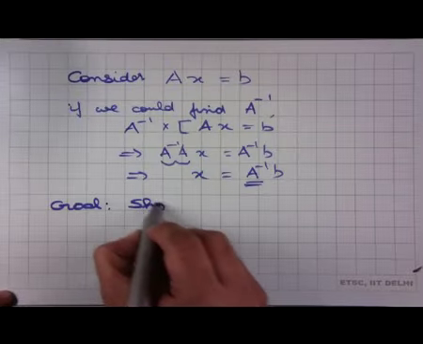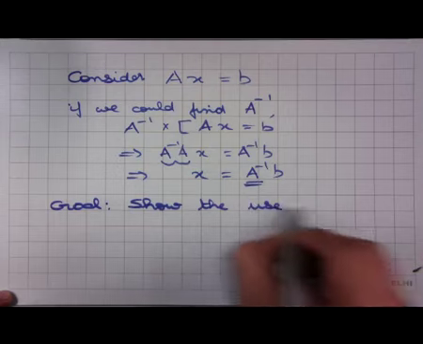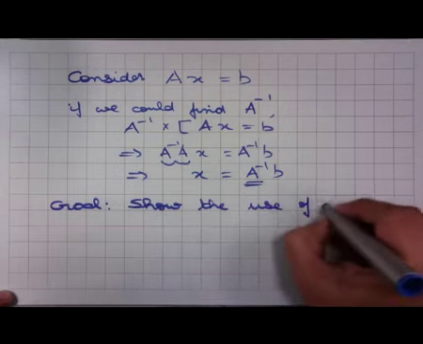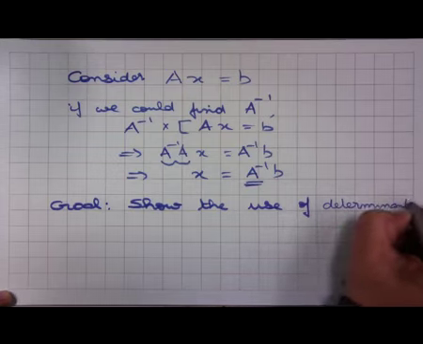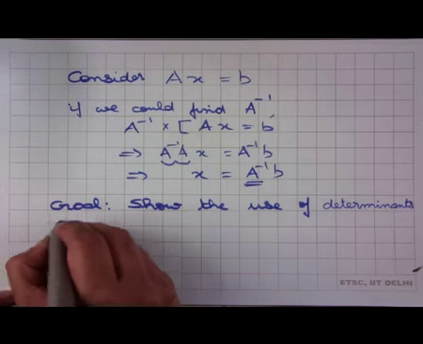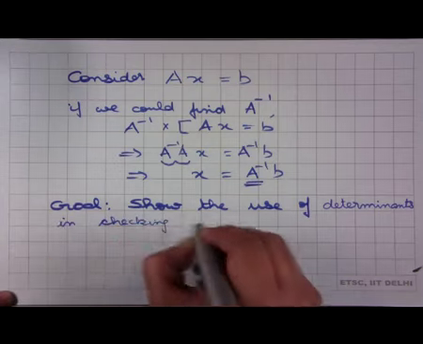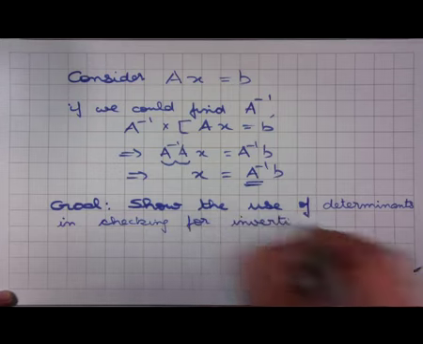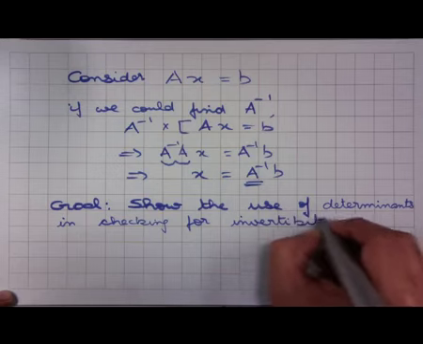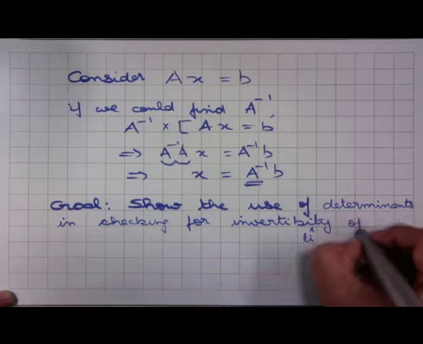So, the goal is to show the use of determinants in checking for invertibility of a matrix.